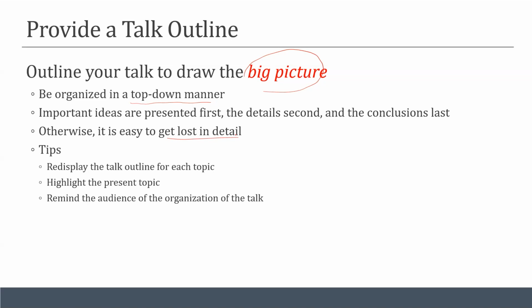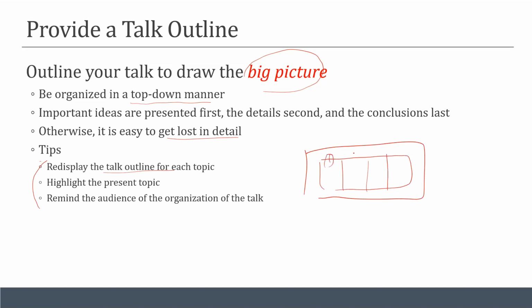So how can we keep providing talk outlines? Here are several tips. You can redisplay the talk outline for each topic. So for example, this is the whole architecture, and suppose that we have 4 different steps. Before you start, you give the overview of your system.